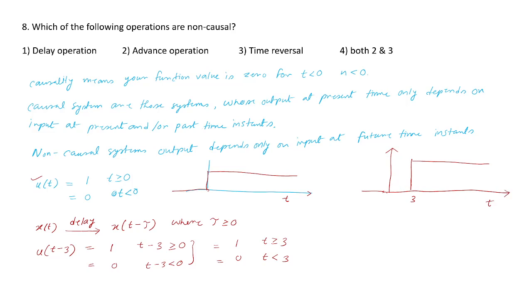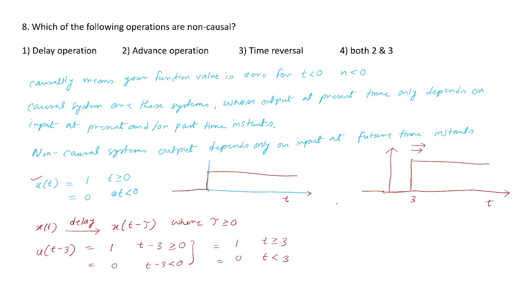So you see, for negative values of t, the function value still remains 0. So basically, when you are delaying a function, the delay operation causes a shift to the right side of the time axis for continuous time, and for discrete time, the n axis, it always causes a shift towards the right.